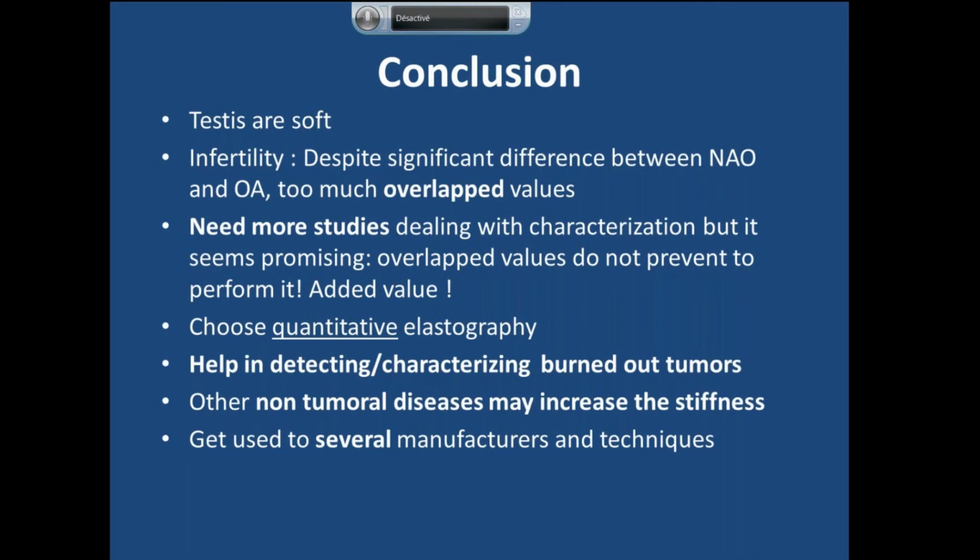I think it's better to choose quantitative elastography if you have the choice. It helps in detecting and characterizing tumors. Keep in mind that non-tumoral disease may increase stiffness, and we have to get used to several manufacturers and techniques. Thank you very much for your attention.